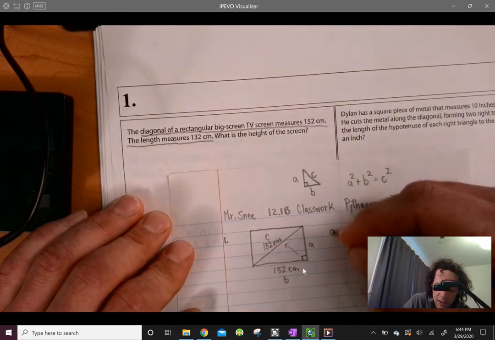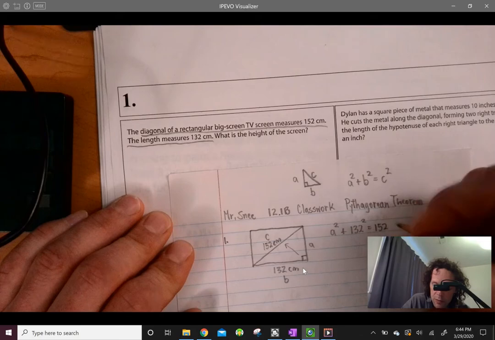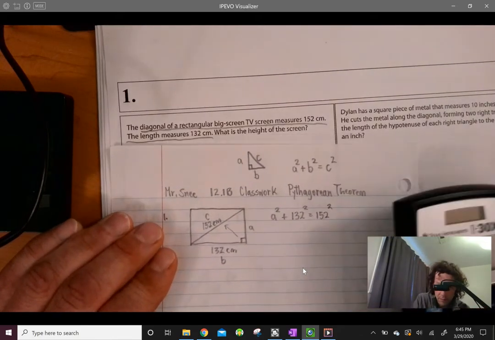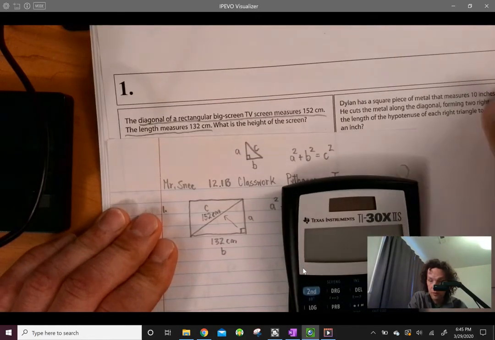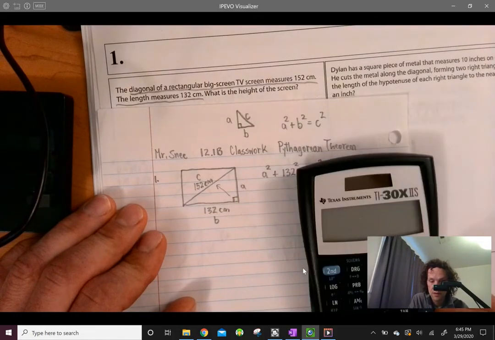Okay, so I have a squared plus 132 squared equals 152 squared. So then I just grab my little tool right here. Let's see here.